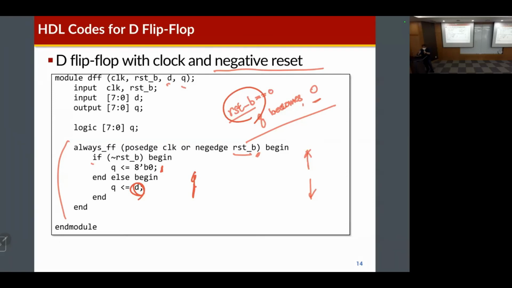So the reset signal makes the output of this flip-flop always 0 if the reset underbar B is 0. Otherwise, in the other case, the Q is sampled by the clock signal because you can find the positive edge of the clock.